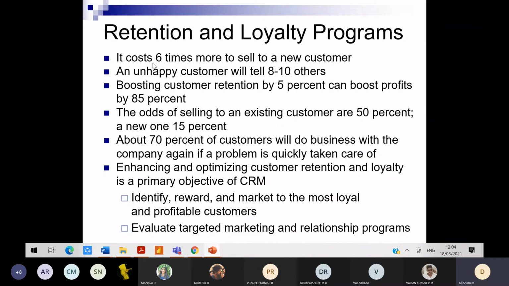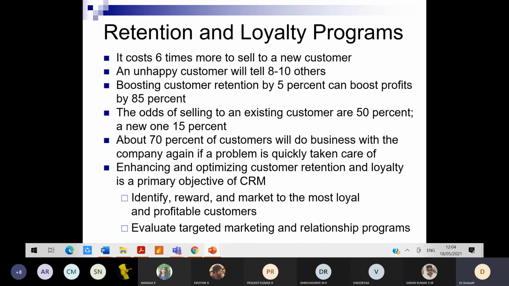So it costs almost 6 times more to sell products to a new customer, and an unhappy customer will tell 8 to 10 others. This is definitely there. See, we human beings are designed in such a way that we don't share our happiness, we keep it only to ourselves, right? When we get into troubles, only then we make sure we inform others also, right?